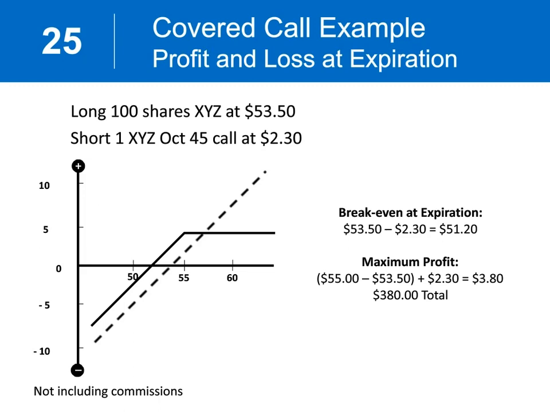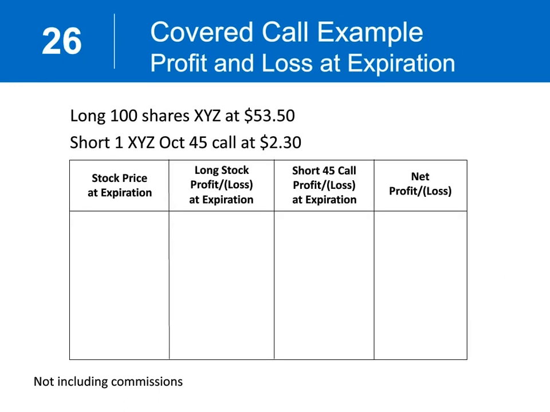Next slide, we have really the breakdown at 53.50. Same situation as the prior example. We're not going to make or lose any money in the stock. We're going to take in that $2.30 from the short option, and therefore we'll make an additional $2.30.